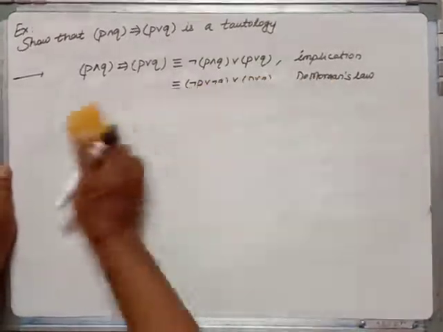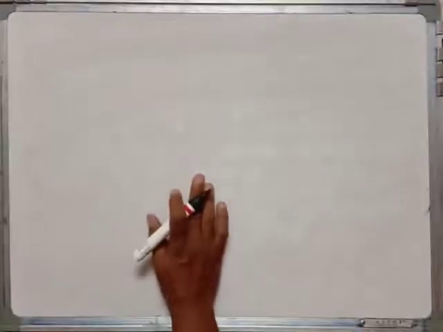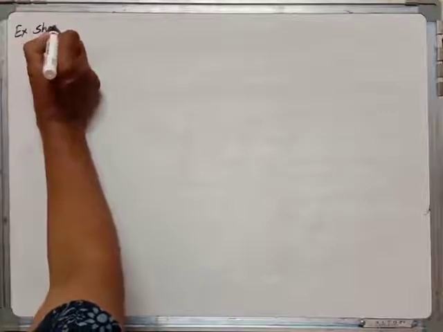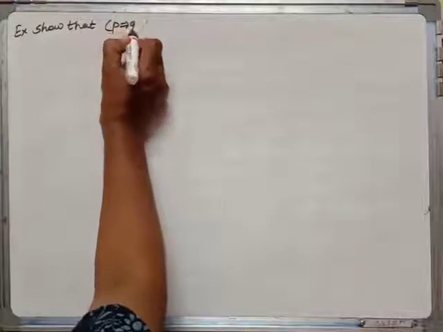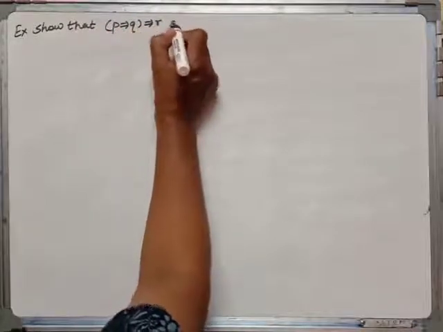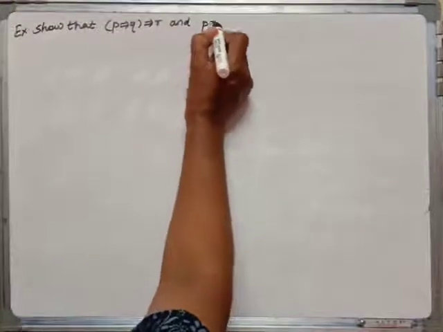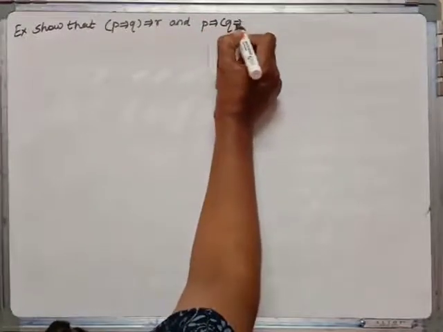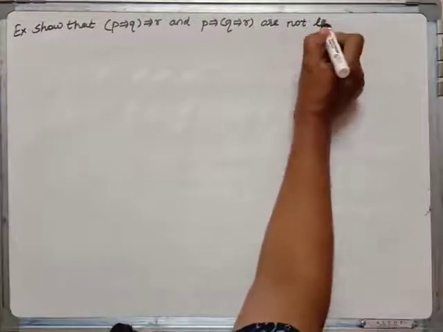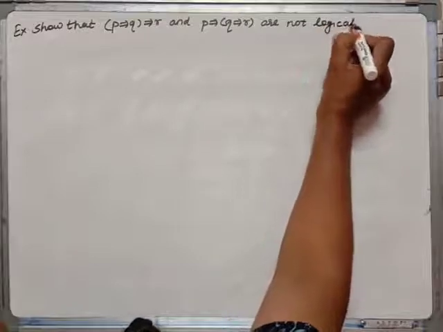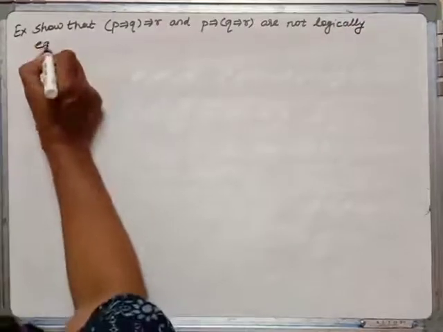Now the last example of this video: I have to prove that implication is not associative. That part I already explained in logical identities. Let me take it as an example. Show that (P implies Q) implies R and P implies (Q implies R) are not logically equivalent.